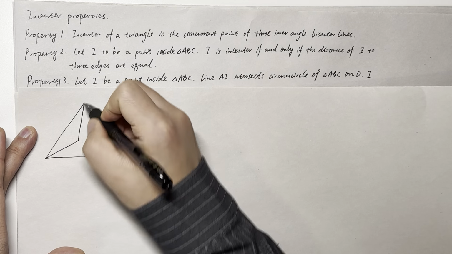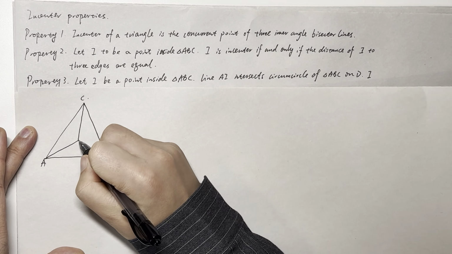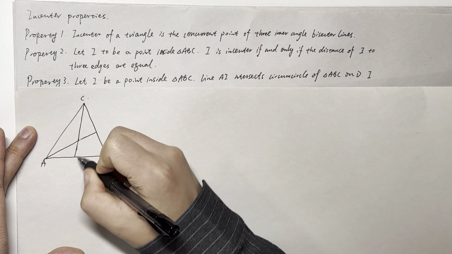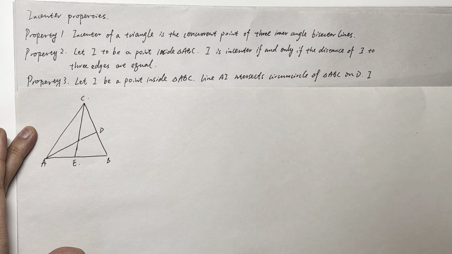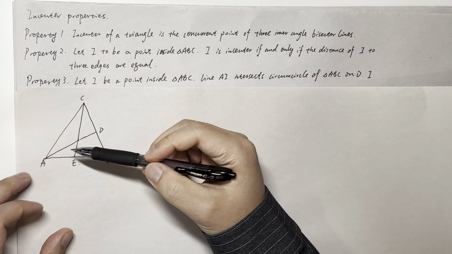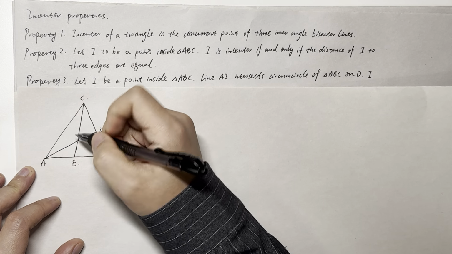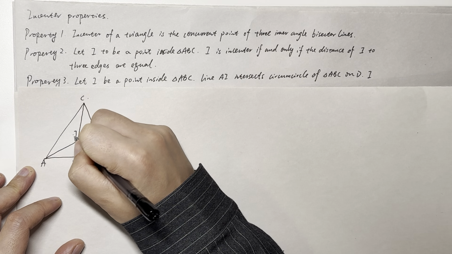So let's say it's triangle ABC, with D, E. I draw the angle bisector lines AD and CE, and we know that they intersect at a point. Let's call it I, right?